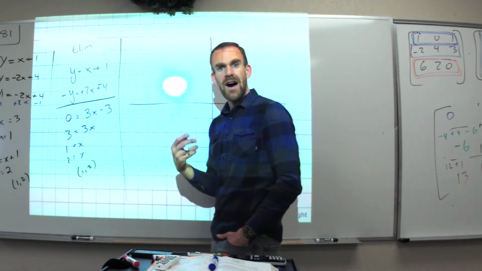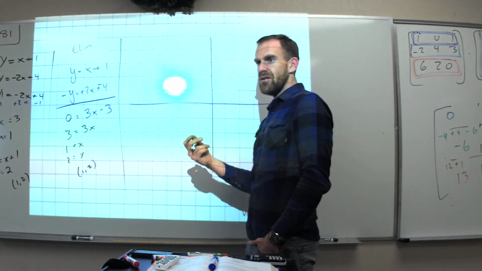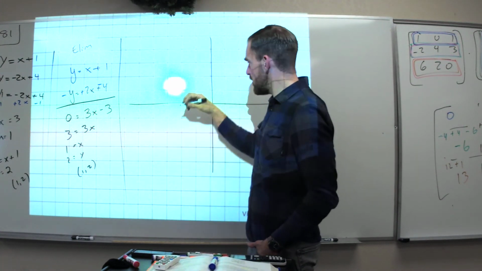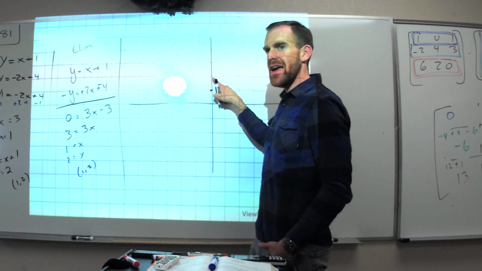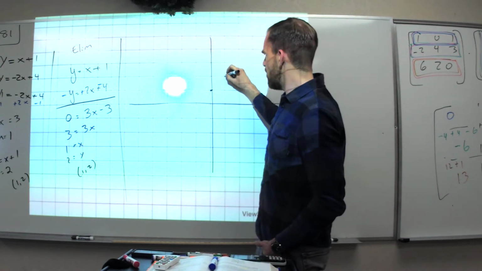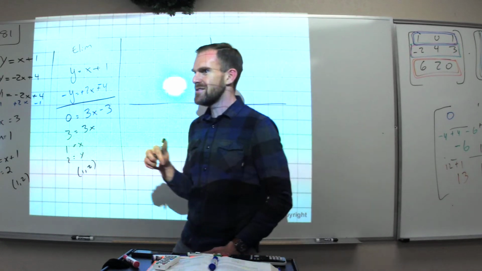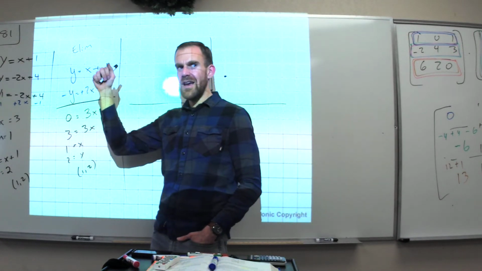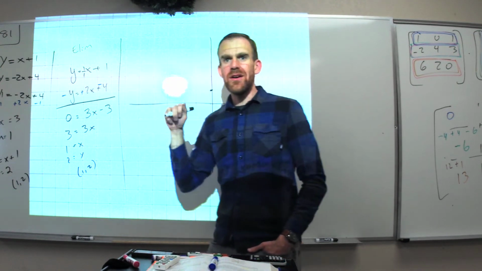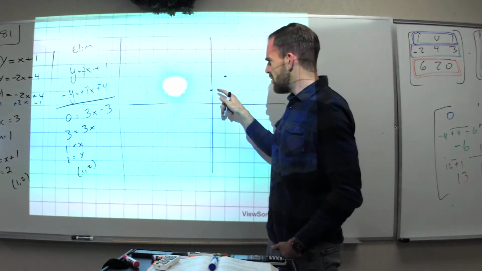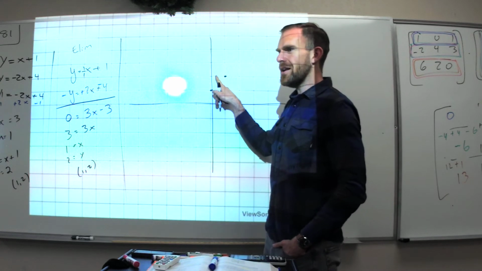I start at the y-intercept, which is 1, and then on my graph, I go up 1 and over 1. Why do I go up 1 and over 1? Because the slope in front of the x is 1 over 1. So, from my starting point, y equals 1, I go up 1 and over 1.